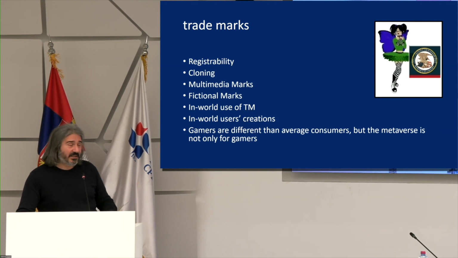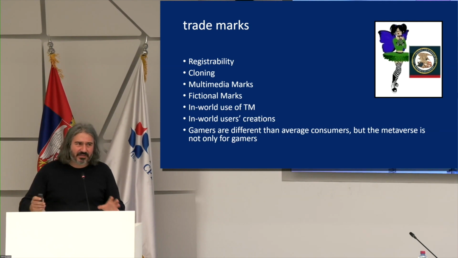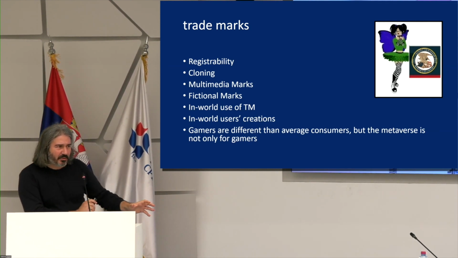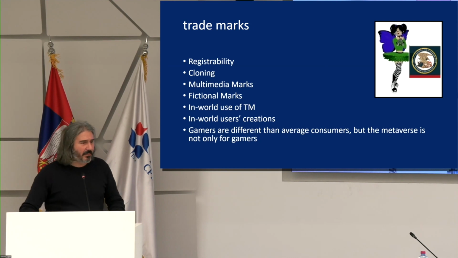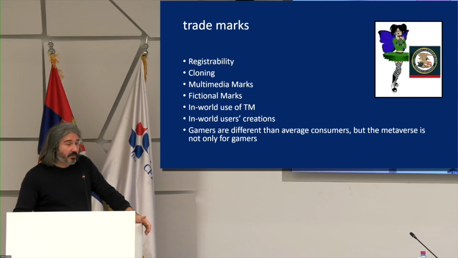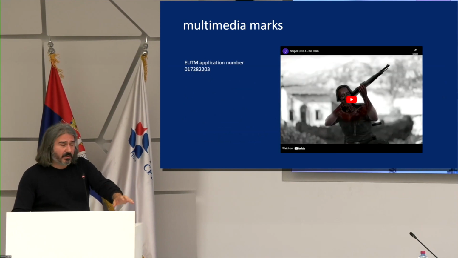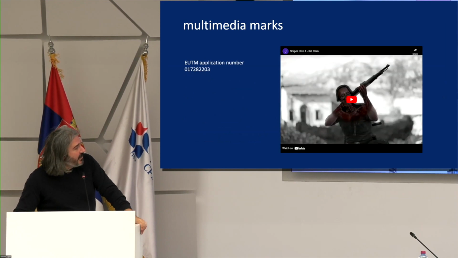I mean, there have been difficulties with fake registration or registration in bad faith, where you register something just because you want to prevent other people from doing it, instead of you using the trademark. But they work really well. And now recently with a multimedia mark, and again, if you're going to watch this video later, it is gruesome. I mean, someone gets shot in the head.